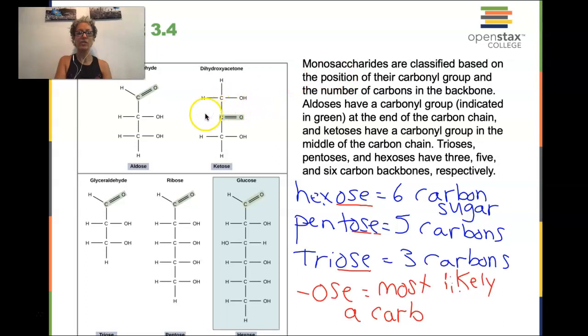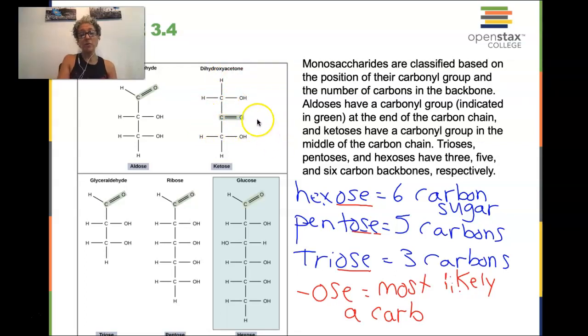And if it is somewhere in the middle of a molecule, it is called a ketone. So an aldose has an aldehyde carbonyl, and so it's at the end of the chain, and a ketose has a ketone. It's in the middle.